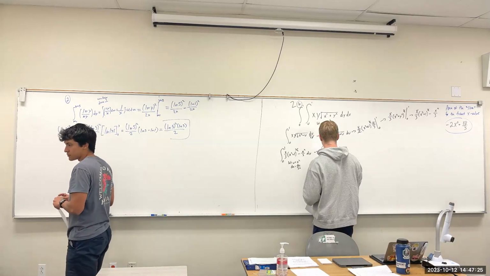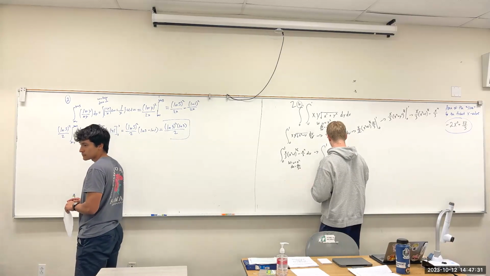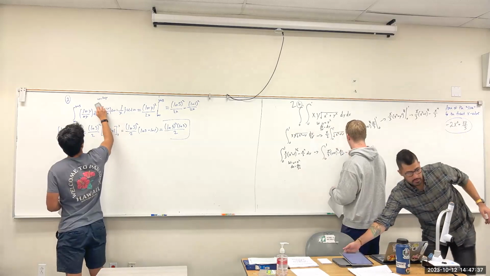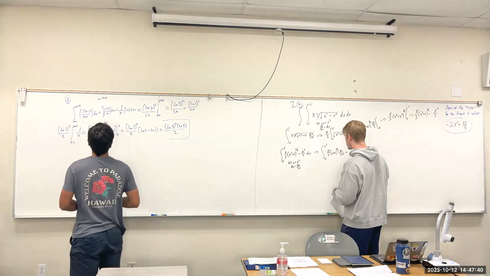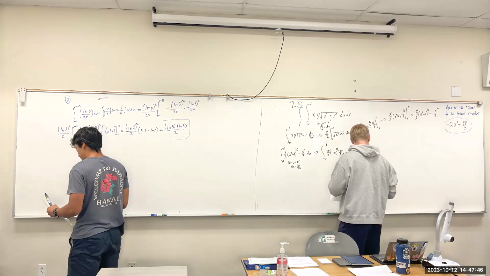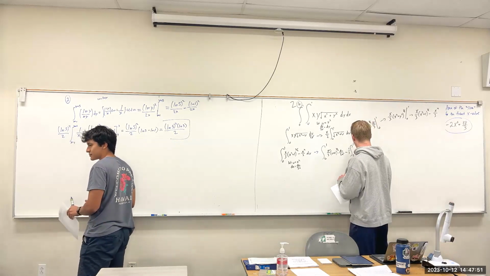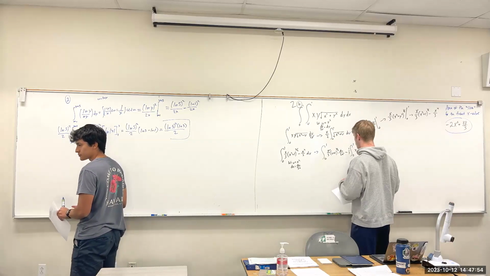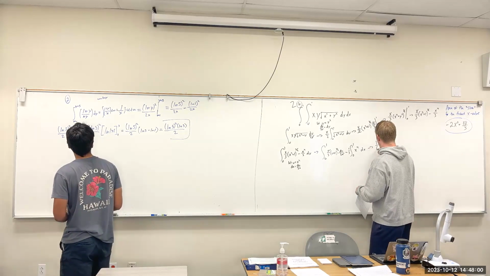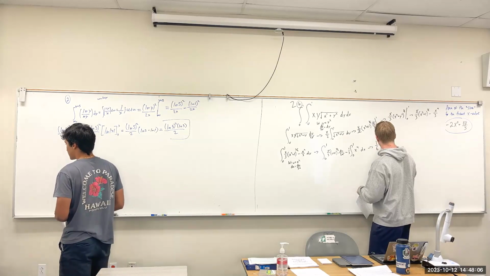Oh, you already took the integral. Yeah, I already took the integral. The derivative of 1 over y is ln, the regular e, because it's supposed to be x. What did you say?